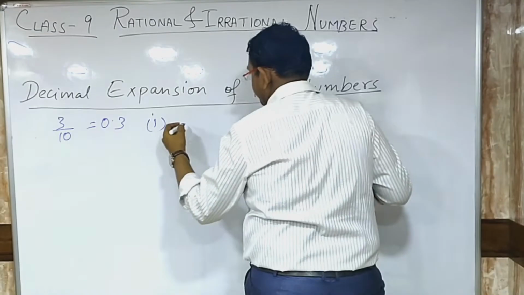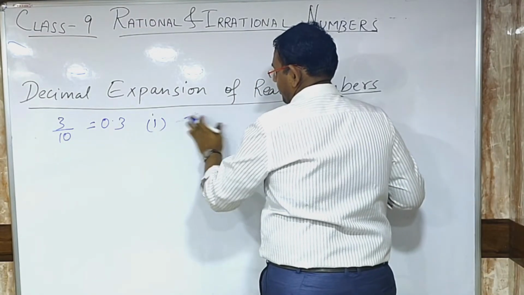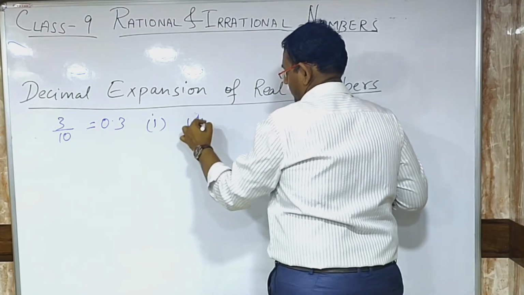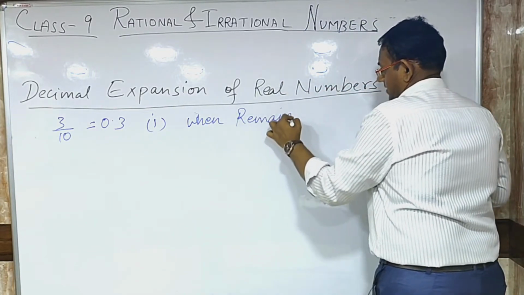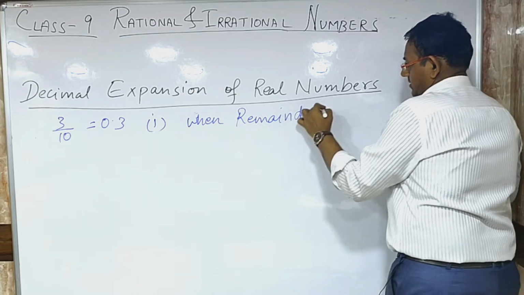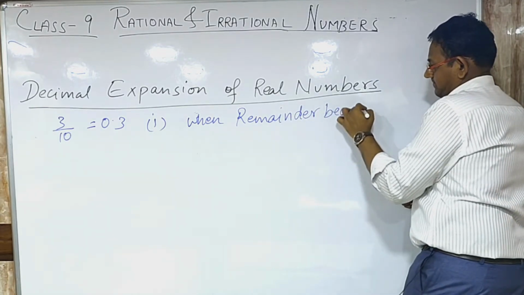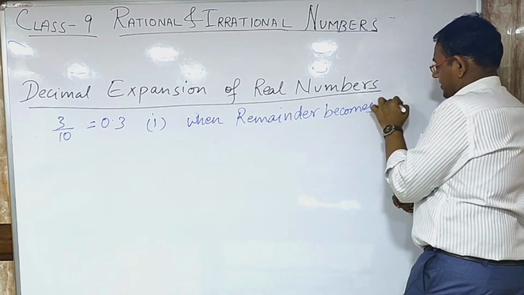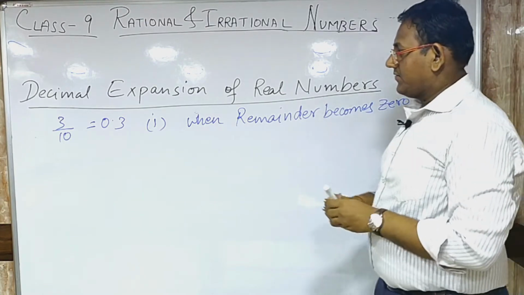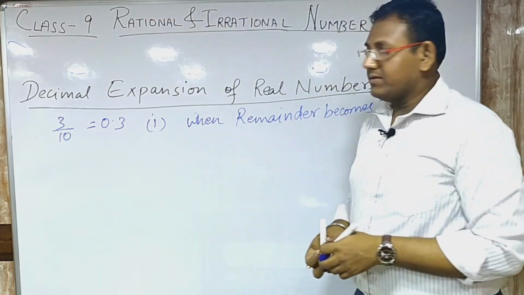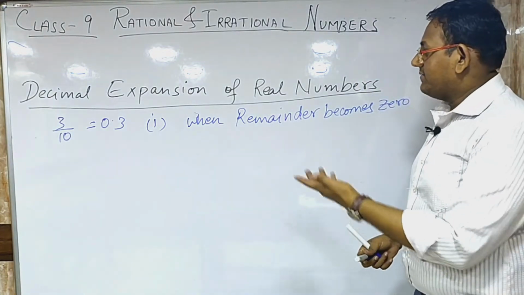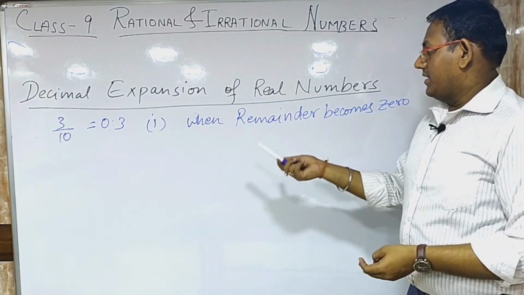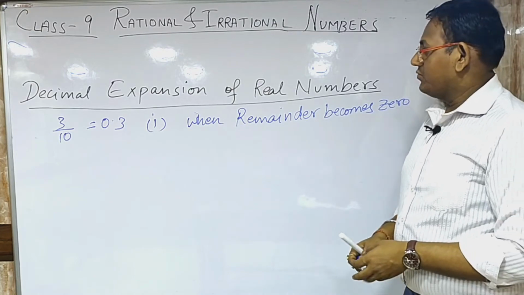So we are saying that the remainder becomes 0. Just now we saw one example, 3 by 10, which when divided gives 0.3.